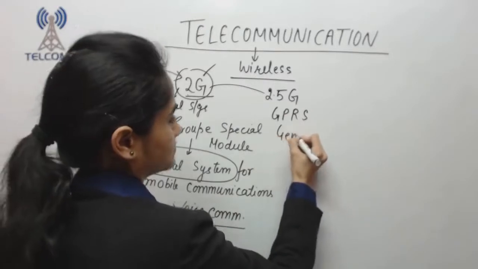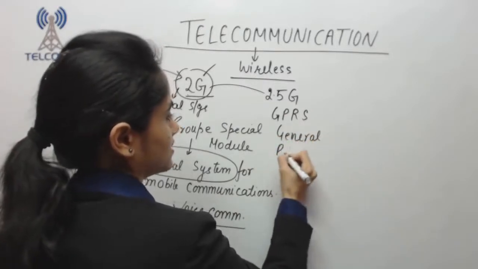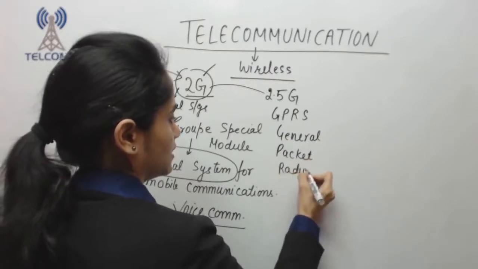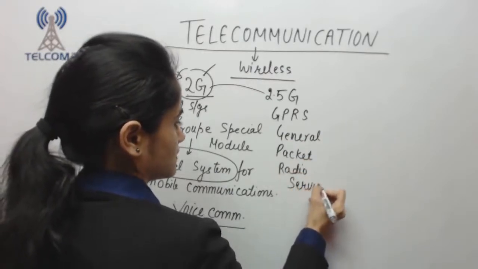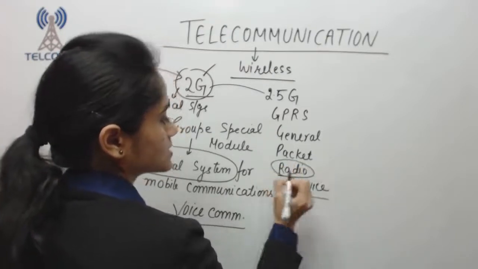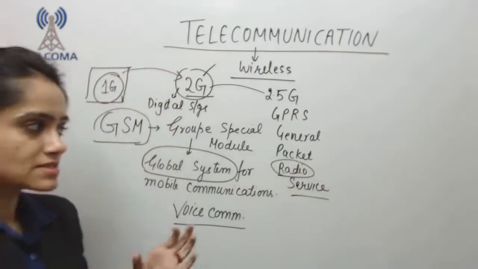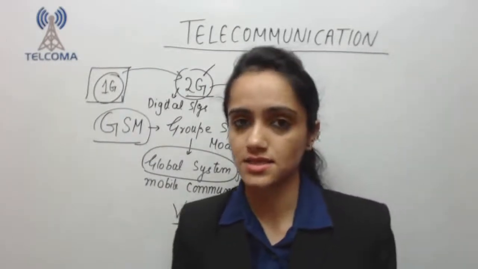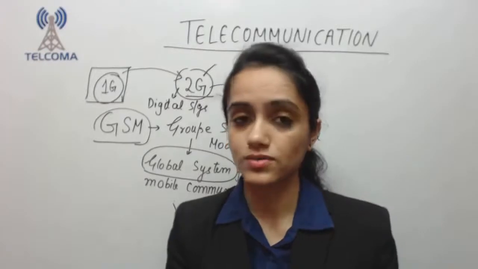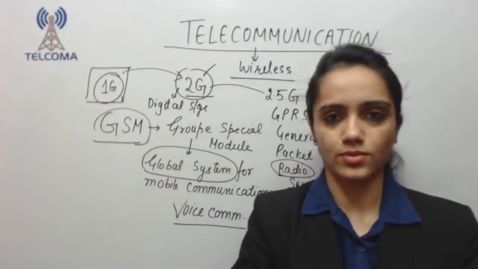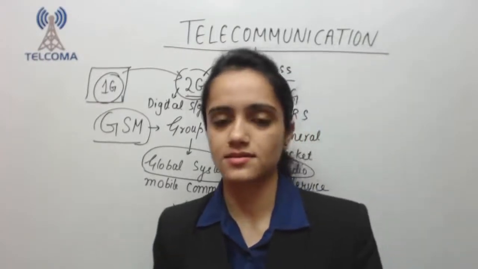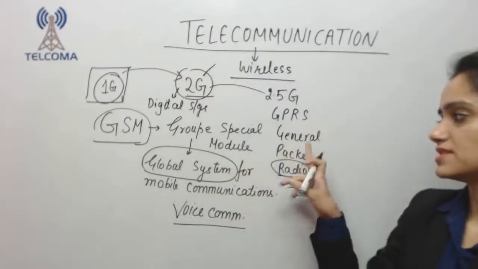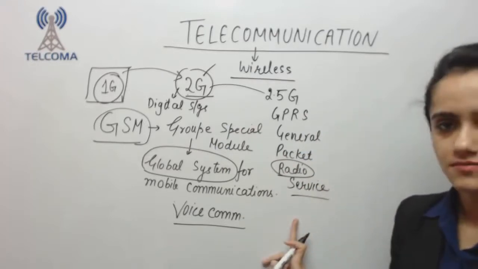GPRS stands for General Packet Radio Service. Radio means air, that means packet transmission through the air interface. There is no dedicated connection in this case either, that means no LAN wire directly to the computer for accessing the internet. We have to access the internet through air, as a radio service. So 2.5G is General Packet Radio Service.